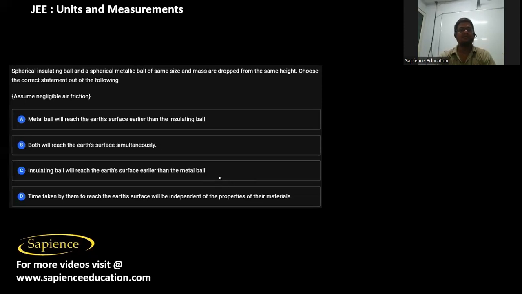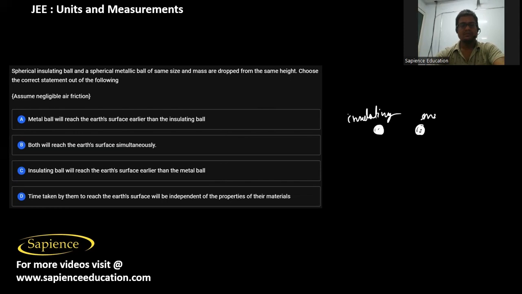Then here it is told, a spherical insulating ball and a spherical metallic ball of same size and mass are dropped from the same height. Choose the correct statement out of the following. A spherical insulating ball is there and a spherical metallic ball is there.